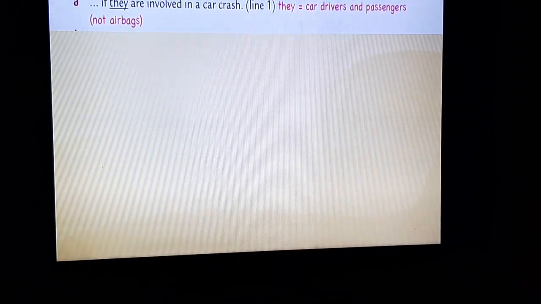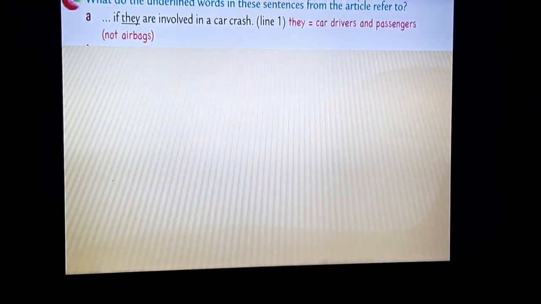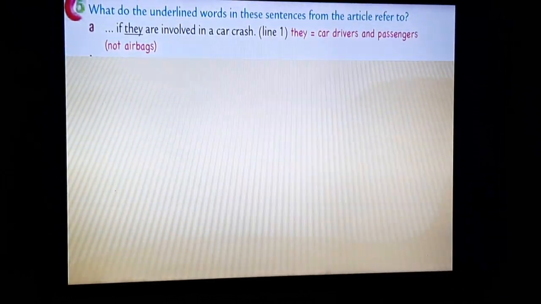Now, let's go to another exercise, and it's a very, very useful one. He is talking about the pronouns in different lines in the passage. And he asks us, what do these pronouns refer to? For example, if they are involved in a car crash, line number 1.